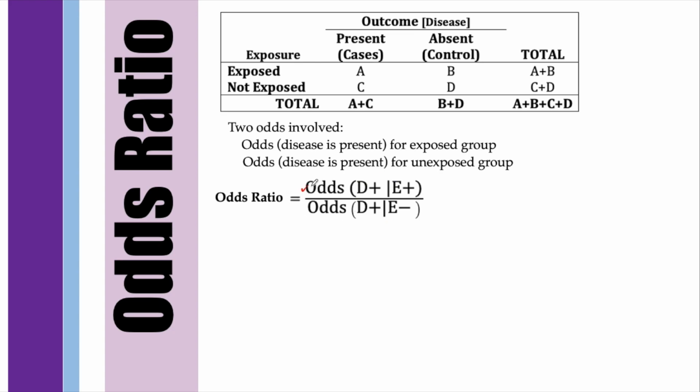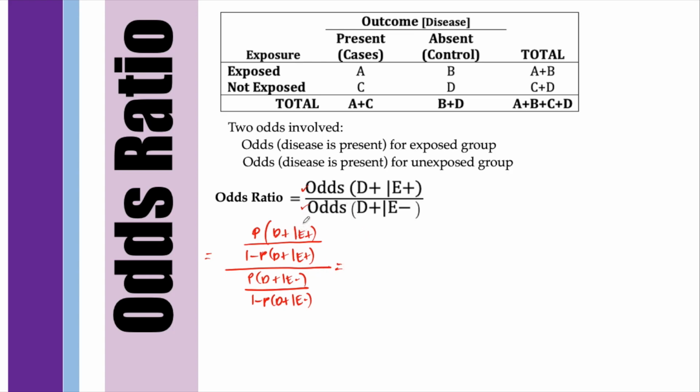So since that is odds, we may interpret this as the probability of disease when exposed over 1 minus the probability of being diseased when exposed, all over the denominator here, the probability of having the disease when not exposed over 1 minus the probability of having a disease when not exposed.